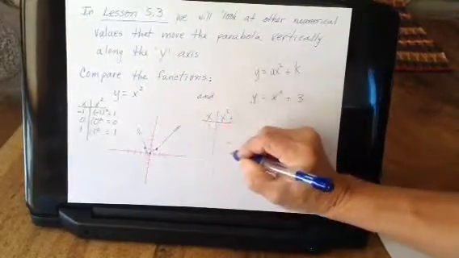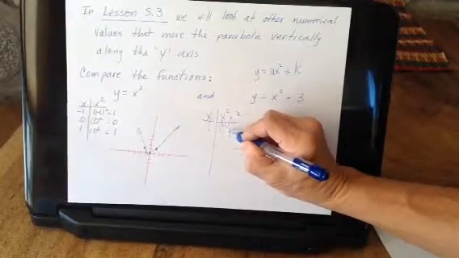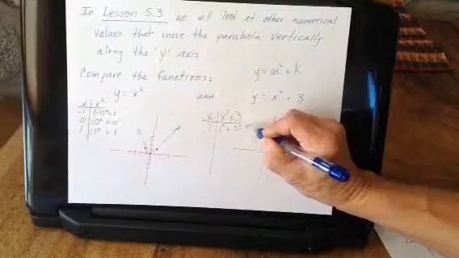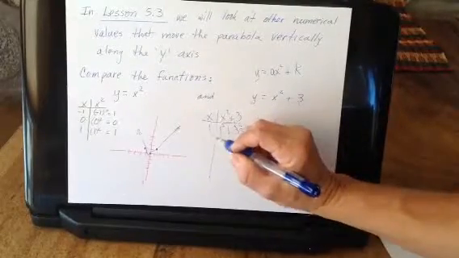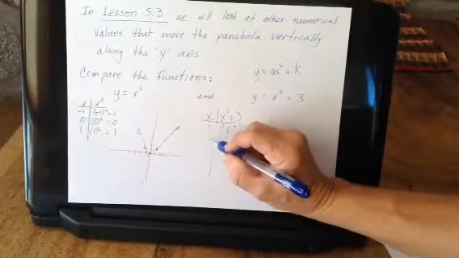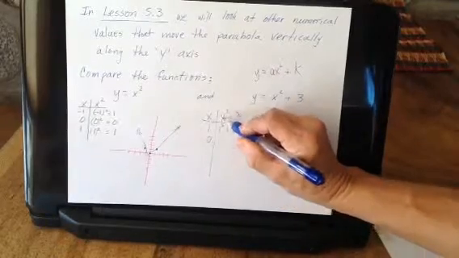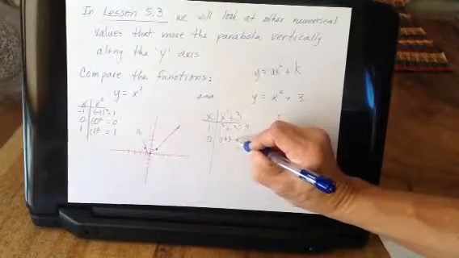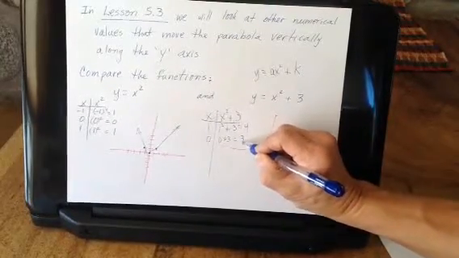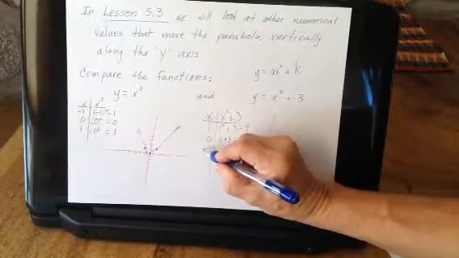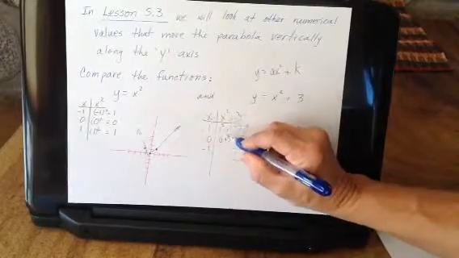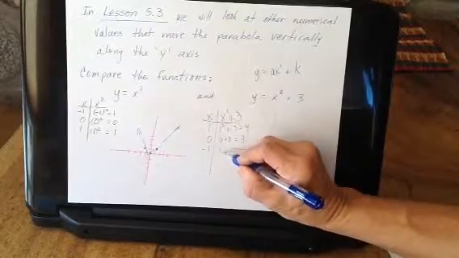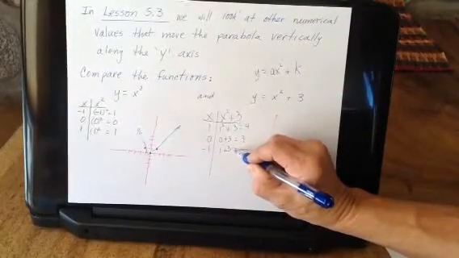So when x is 1, we're going to have 1 squared plus 3, which is going to be 4. And when x is 0, we're going to have 0 plus 3, which is going to give us 3. When x is -1, we're going to have -1 squared, which is 1, plus 3, which is going to equal 4.